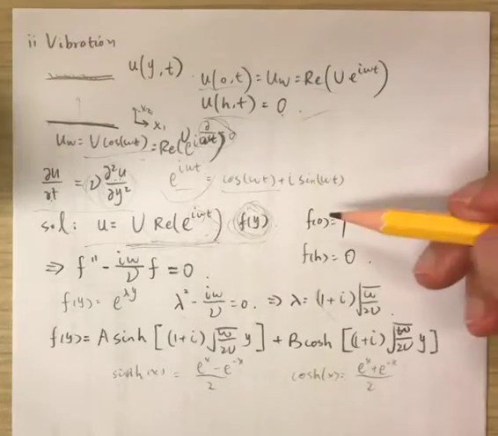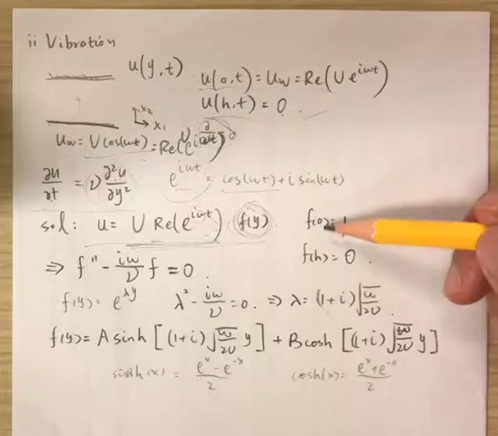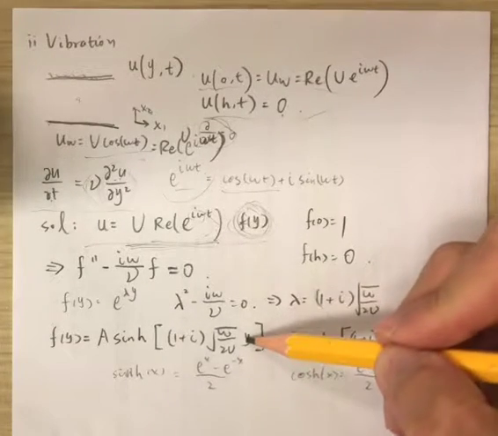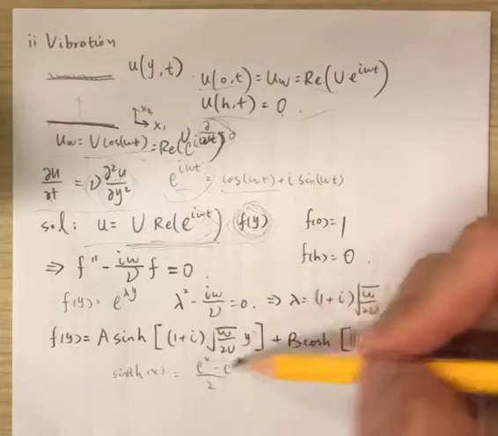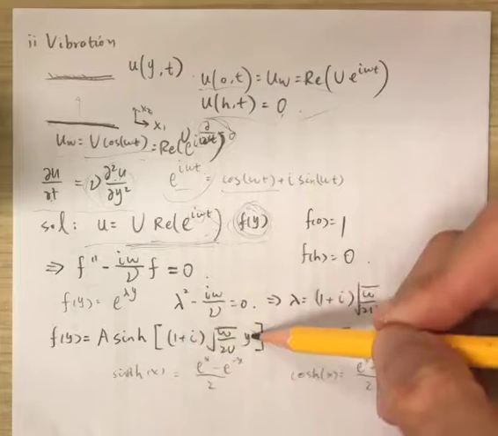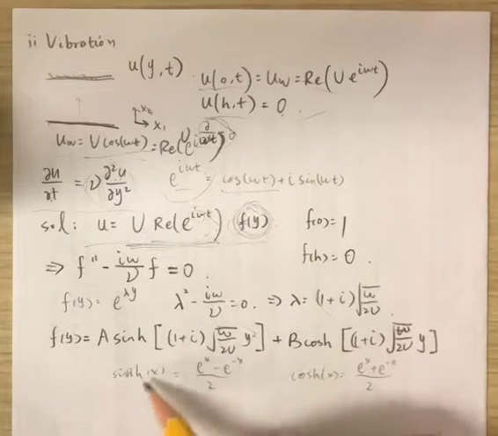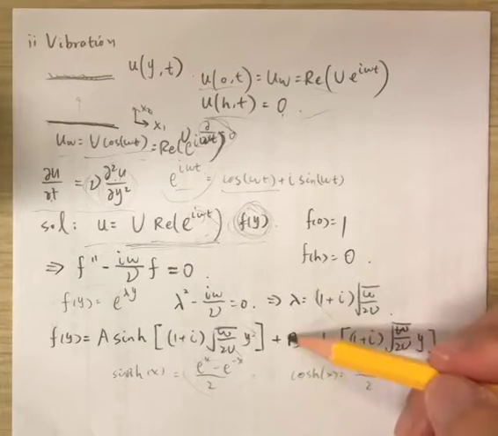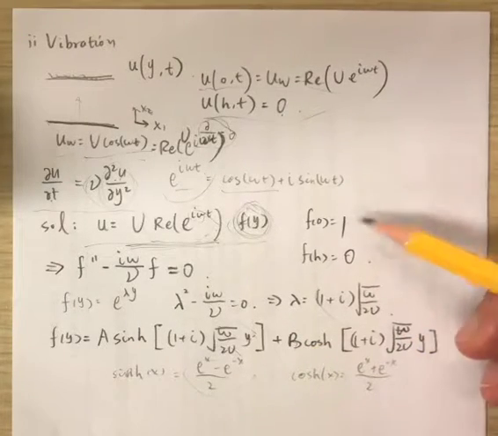So according to the boundary conditions, when y equals 0, we see that the argument of sinh is 0. So sinh will give us 0, right? So we can get the b value from here.